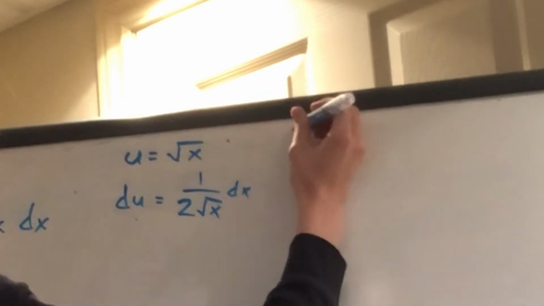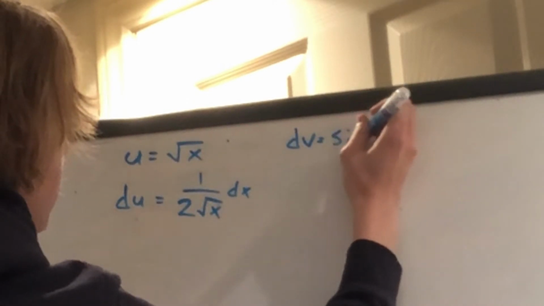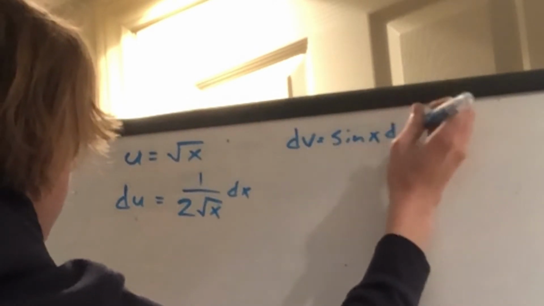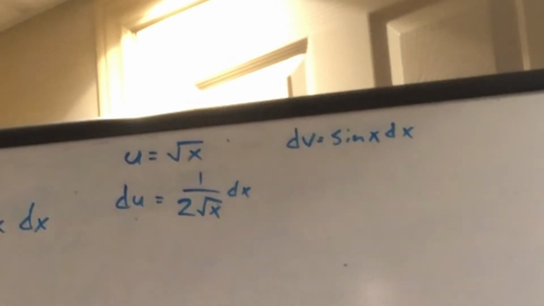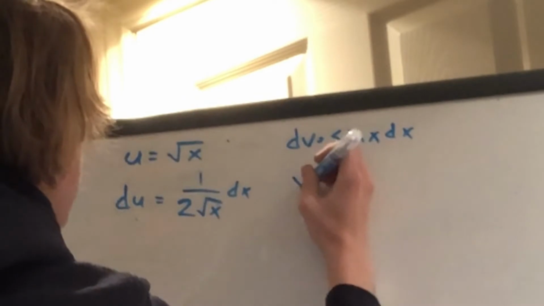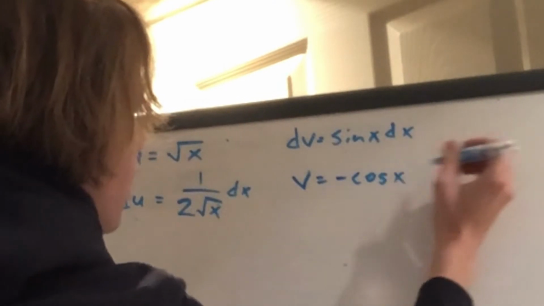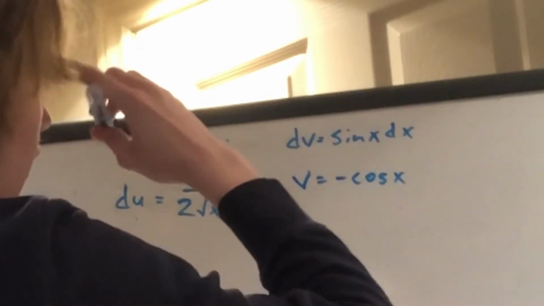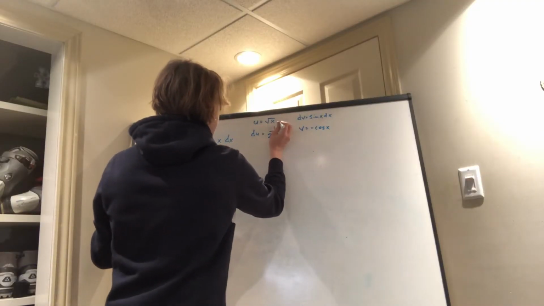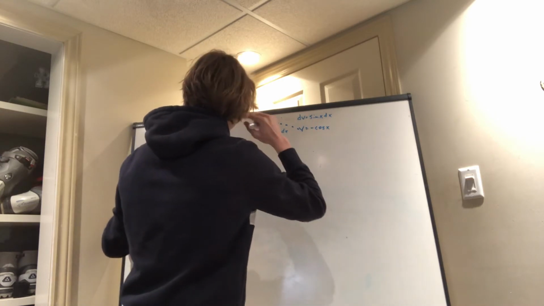Then our dv is going to be sine x dx. That means our v will be negative cos x, because it's the opposite of a derivative.